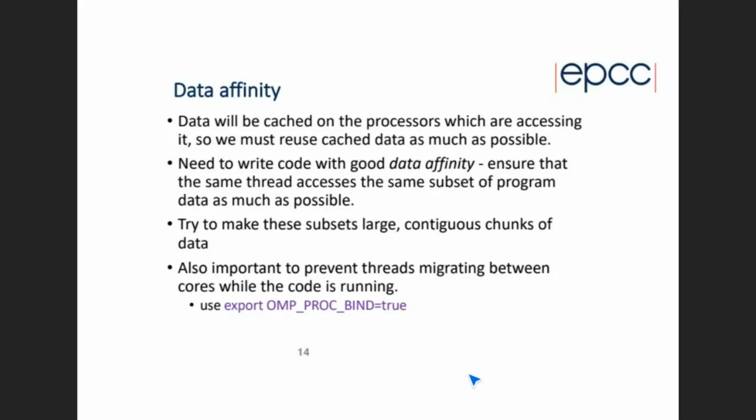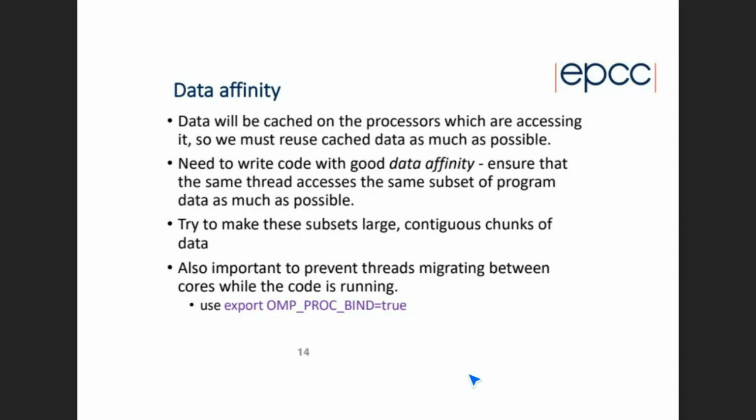And this is essentially just another dimension to that. So if we're in a multi-threaded context, the data is going to be cached on the processors or cores which are accessing it. So we have to reuse that cached data as much as possible.